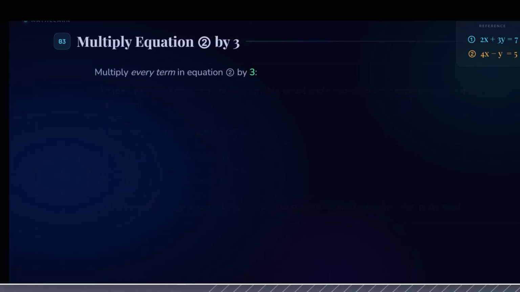Now let's carry out that multiplication. We multiply every term in equation 2 by 3. Here is equation 2, 4x minus y equals 5. Multiply each term by 3, one at a time. 3 times 4x equals 12x.